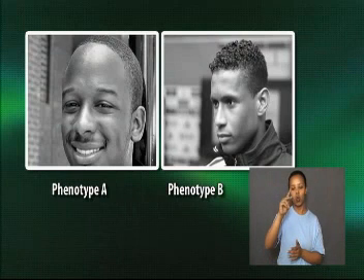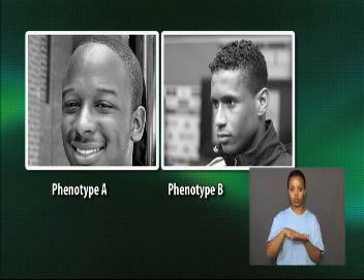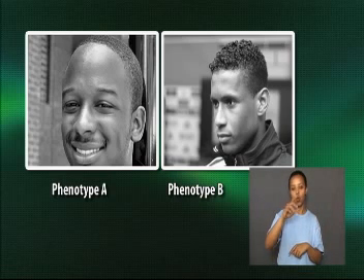For example, do you remember the two men that we studied earlier? They have different alleles for the gene that determines the shape of their ears. Therefore, their ears look a bit different, and we can say that they have a different phenotype for that feature.